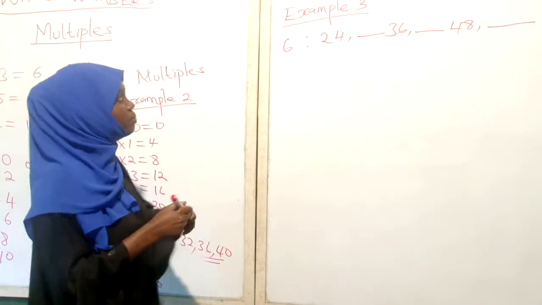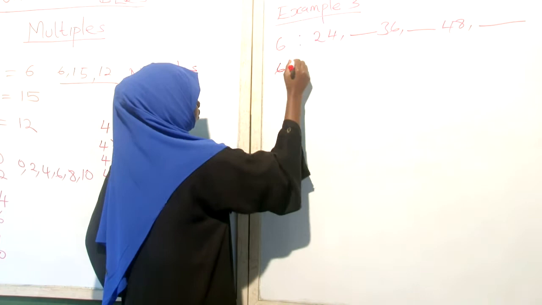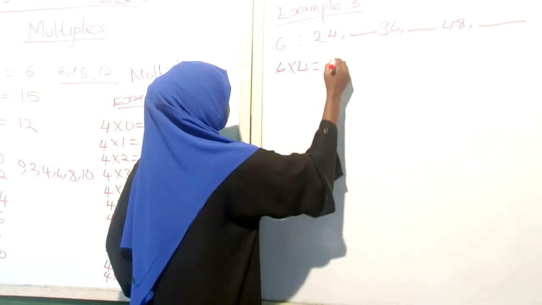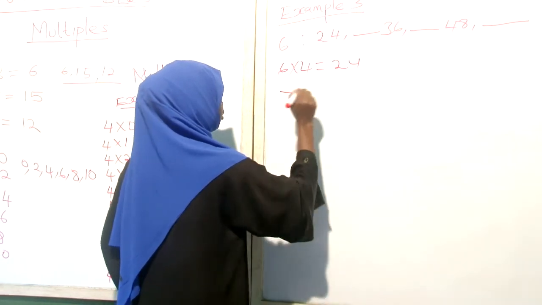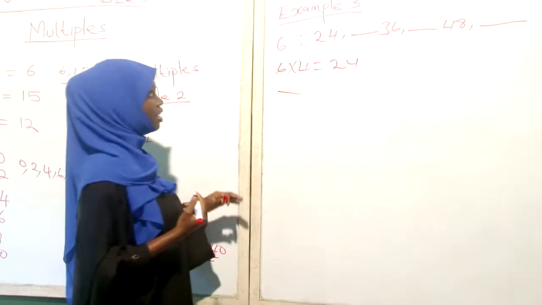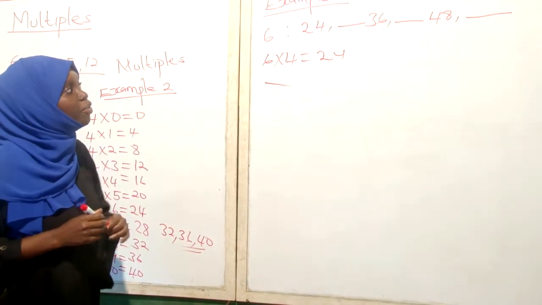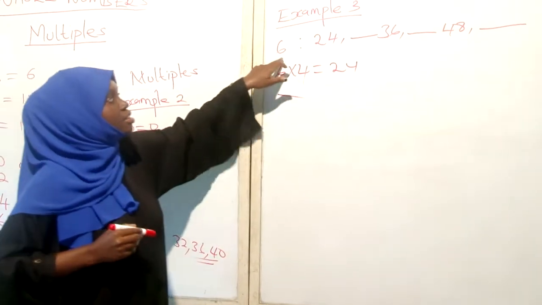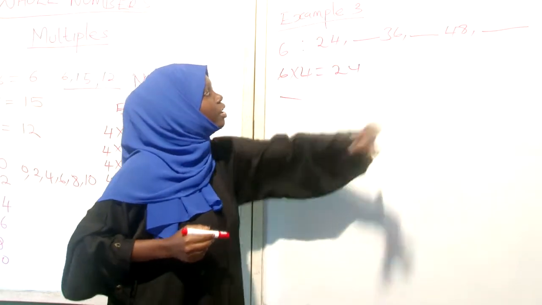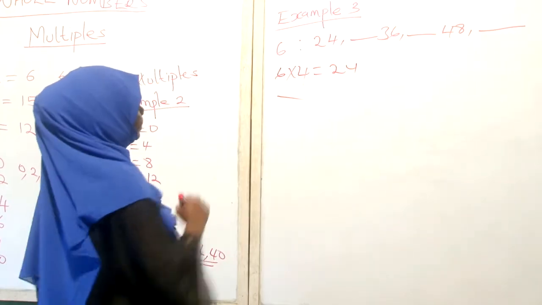So if we have multiplied 6 times 4 and we have the 24, here we don't know. Then 36, we are going to ask ourselves, which number have we multiplied with 6 so that we have got the 36?